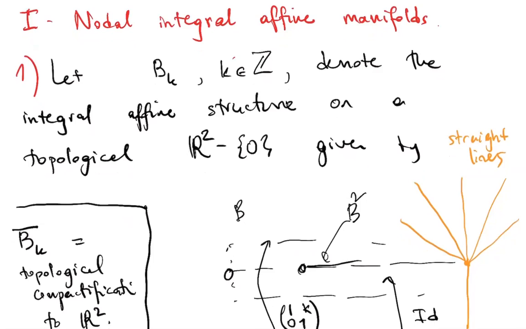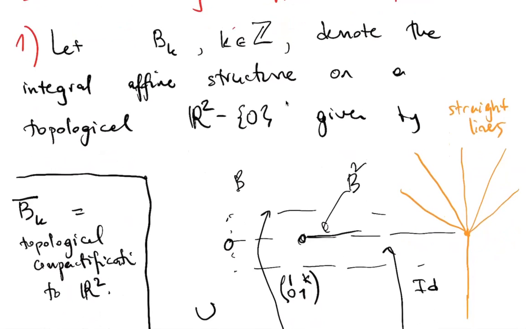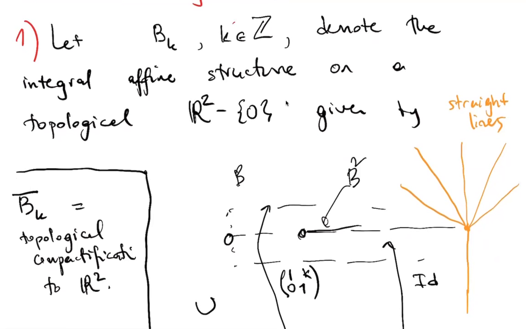Okay, but if you want to work in some meaningful generality in symplectic geometry, you have to allow certain singularities. So I'm going to allow certain special kinds of singularities in my integral affine structures, which I'm going to introduce now. So I'm going to define an integral affine structure on R2 minus the origin.